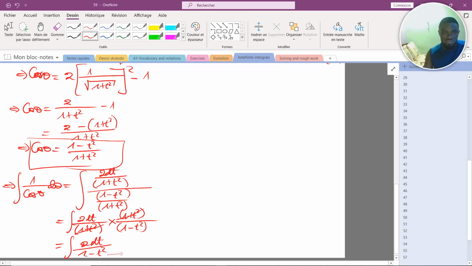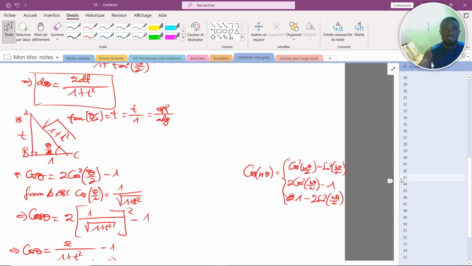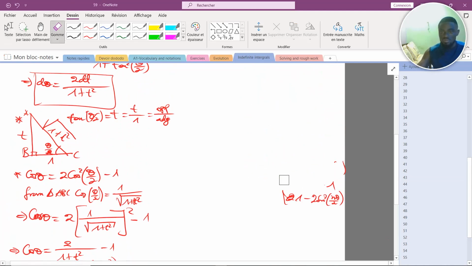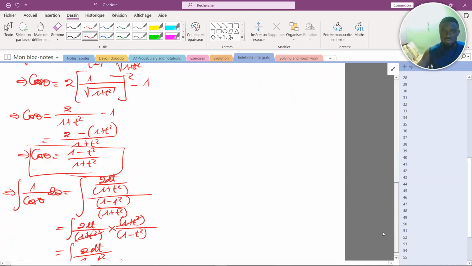So this is a quadratic expression. What we are supposed to do here is what? You can find delta, but that will be a waste of time, because this is a difference of two squares. So I'll directly recognize this as a difference of two squares. So let me wipe this and copy it back.